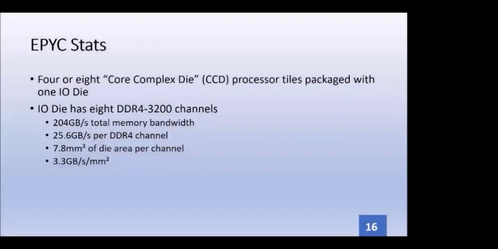AMD's EPYC processor packages one of those I/O die chips with 4 or 8 core complex die tiles to attain 204 gigabytes per second of bandwidth, or 25.6 gigabytes per second per DDR channel. Each channel, as I mentioned before, consumes 7.8 square millimeters of the I/O die to yield 3.3 gigabytes per second for every square millimeter of die area. We will focus on these bottom 2 bullets when comparing the EPYC to the next 2 examples.